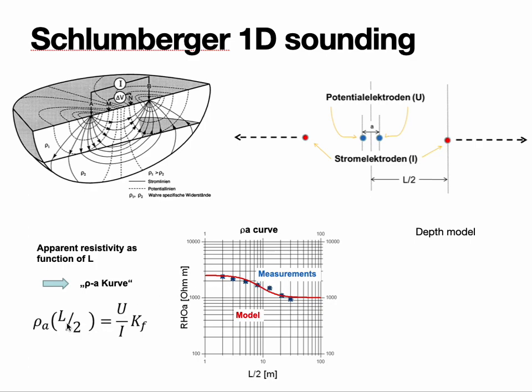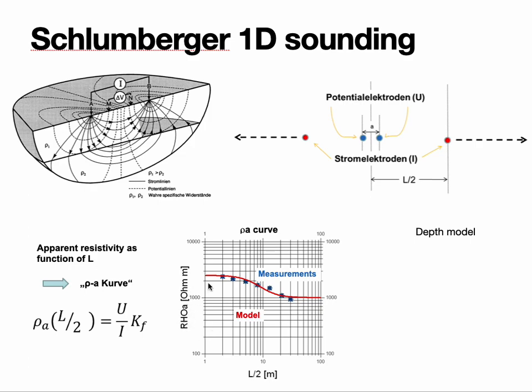Using the formula we derived before, we can compute rho A for a given value of the distance. This is U divided by I times Kf, and this Kf depends on the distance of the electrode. Of course, if you change the distance of the electrode, this distance L divided by 2, you can compute a variation of this apparent resistivity.